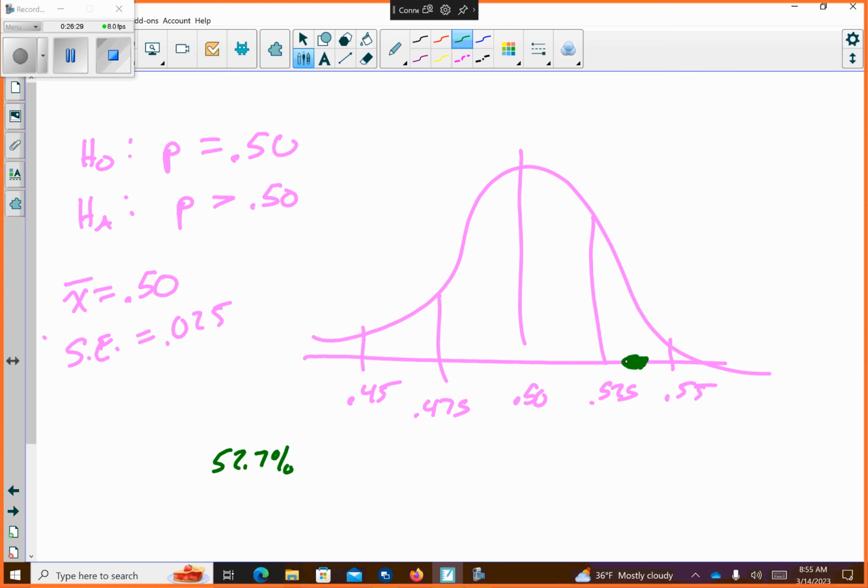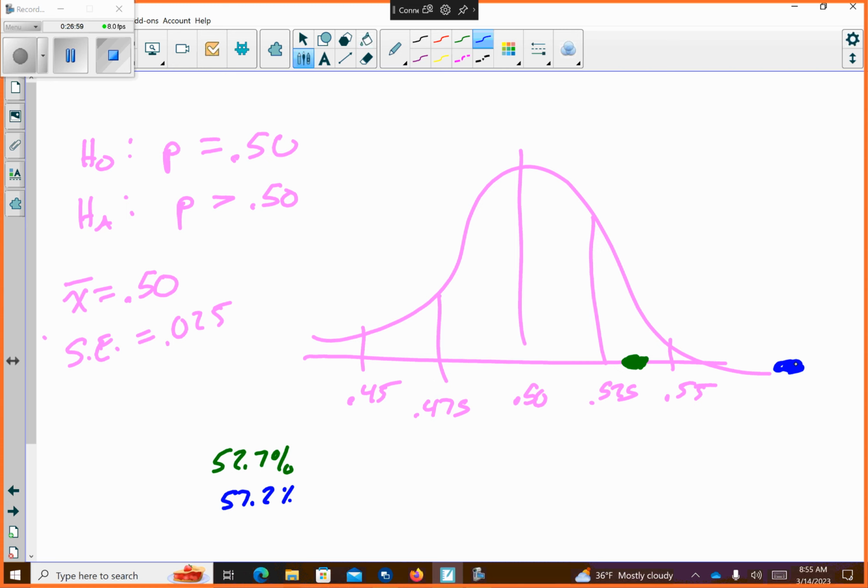The result is too close to the mean. If we did a random sample of 57.2, this is really obscure based on this. 52.7 is pretty close here, but 57, we're going to be way out here. So this is far from our mean and is strong evidence against the null hypothesis.